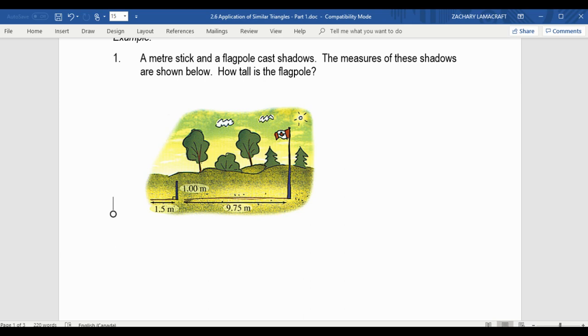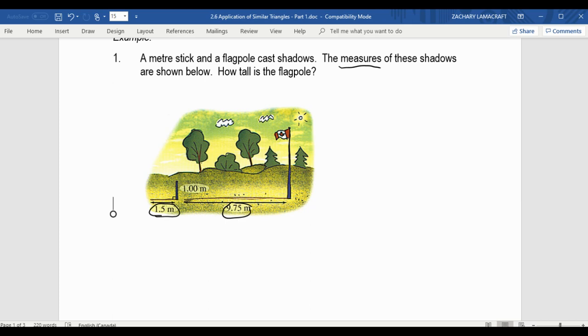Same thing if I had a meter stick in the ground, you'd see a skinny little shadow, or a flagpole, you'd see the shadow on the ground, okay? So it casts a shadow, and the measures of the shadows are shown, that's these measures on the bottom here. So the 1.5 and the 9.75 are the shadows. The meter stick shadow is 1.5 meters long, and the flagpole shadow is 9.75 meters long.